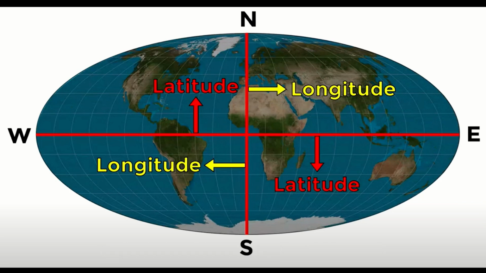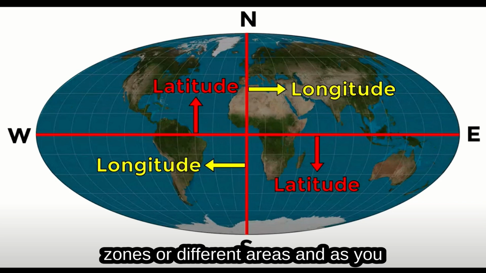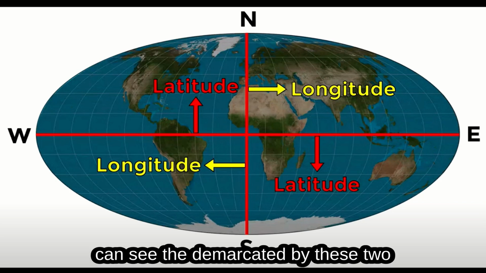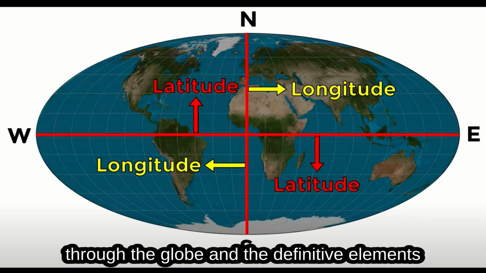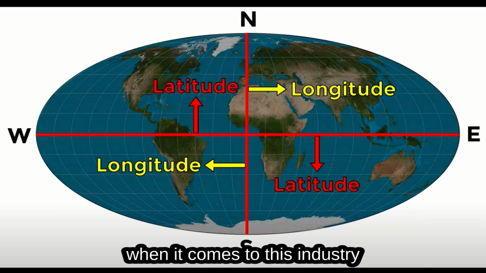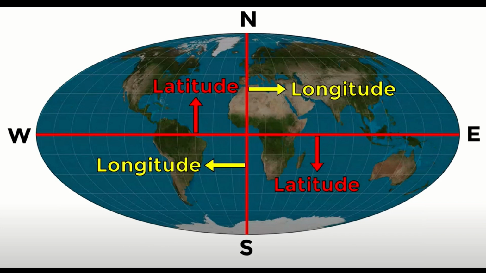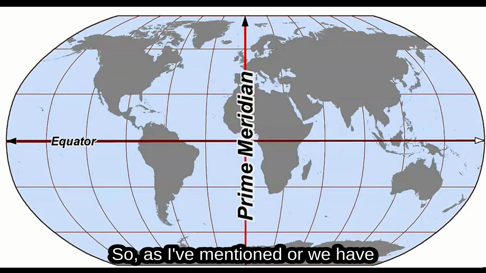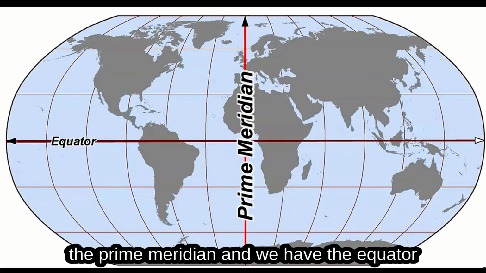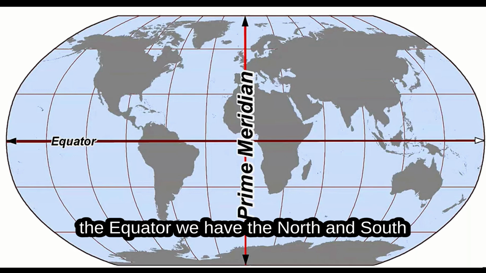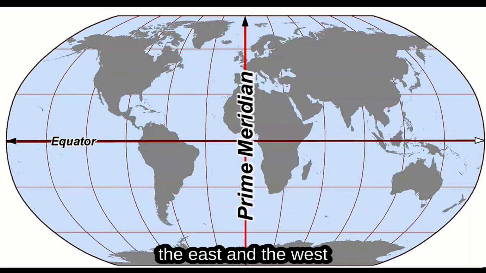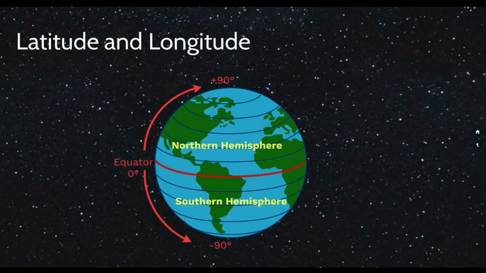These are different zones or different areas, and as you can see, they are demarcated by these two major lines that pass through the globe, and they are definitive elements when it comes to this industry. So as I've mentioned, we have the prime meridian, we have the equator. We need to understand, because on the equator we have the north and south, and on the meridian we have the east and the west.